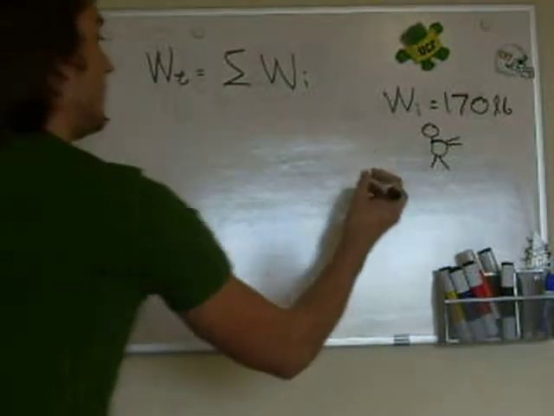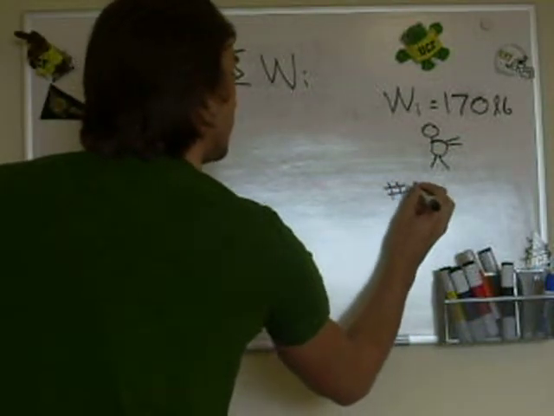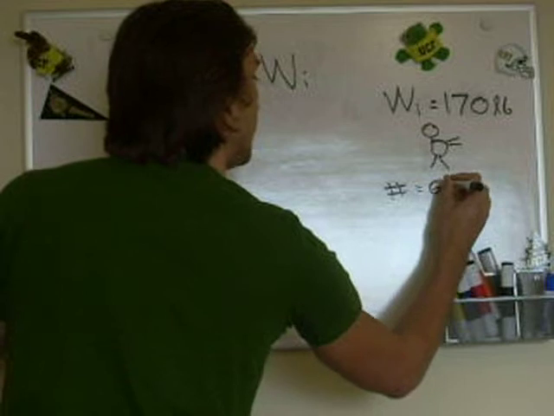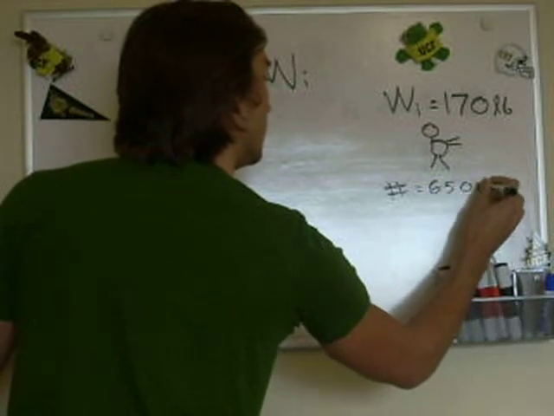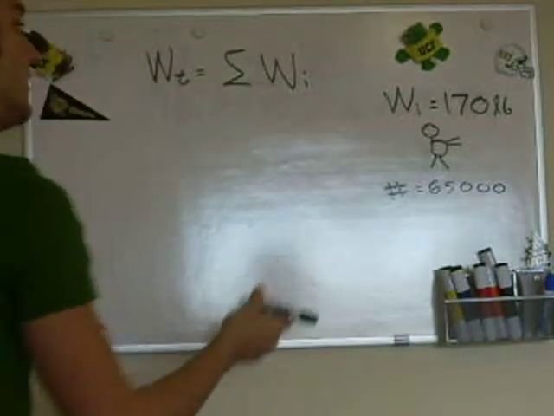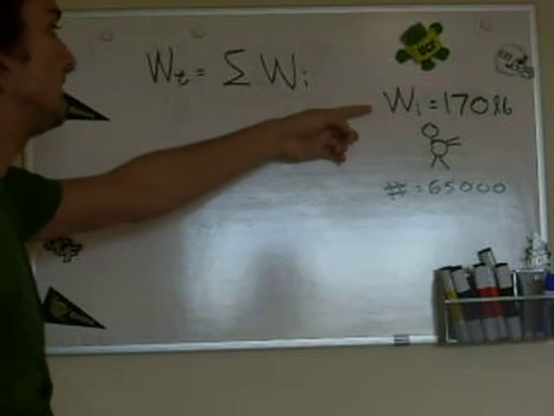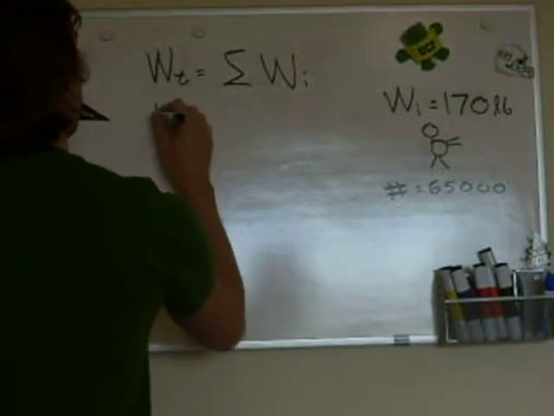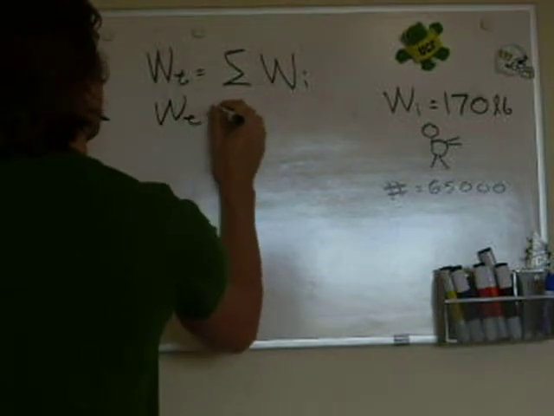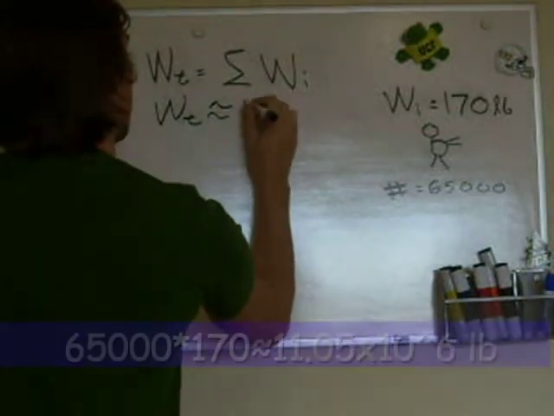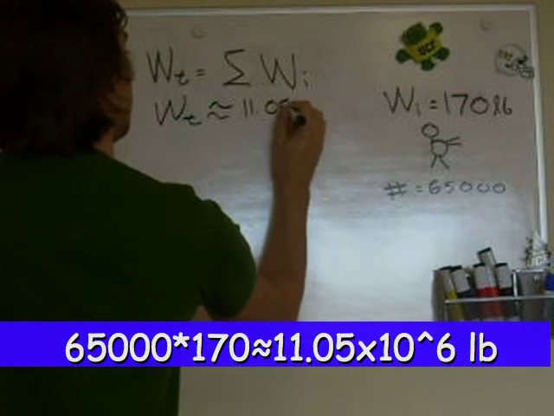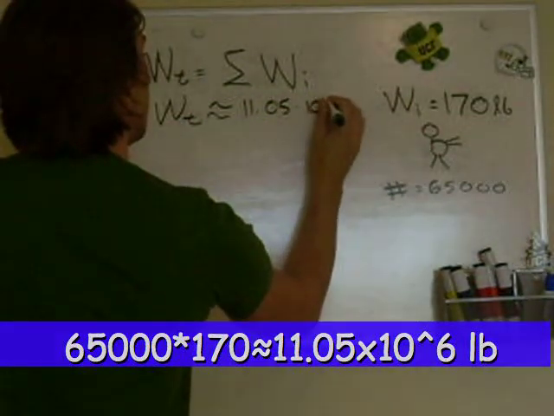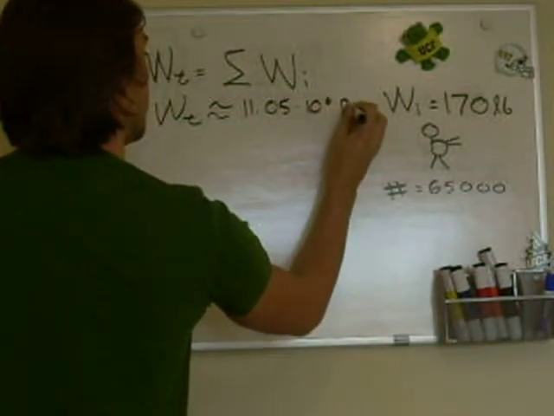From there, we know that the stadium seats 65,000 people. So if we multiply the individual weight times the number of people in the stadium, we get the total weight to be roughly 11.05 times 10 to the 6th pounds.